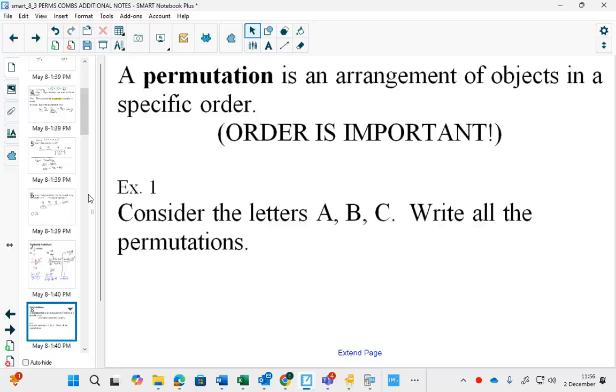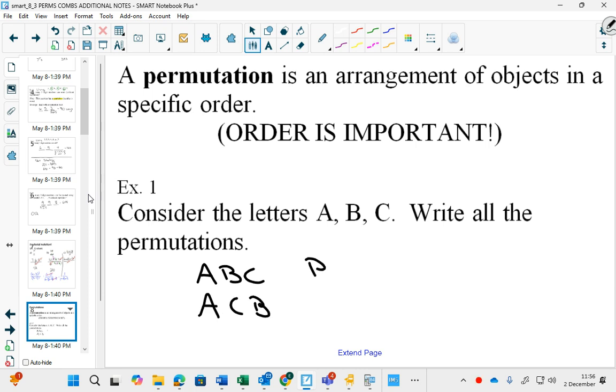We've learned this already. Permutation is an arrangement where the order of the objects matters. And when you're doing a permutation, you're only allowed to use something once. So ABC could be ABC and ACB. You could start with a B and go BAC or BCA.